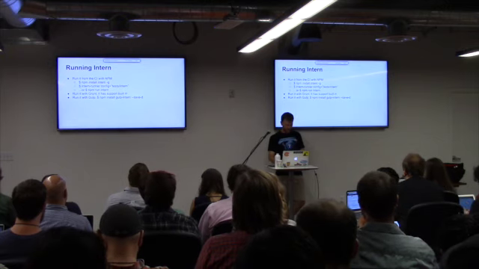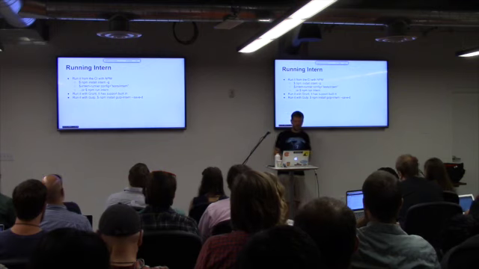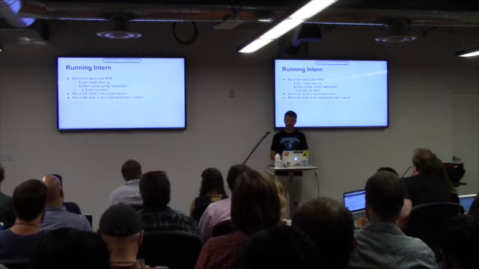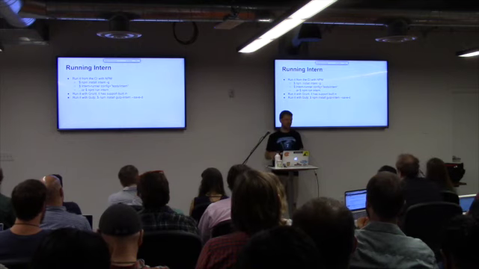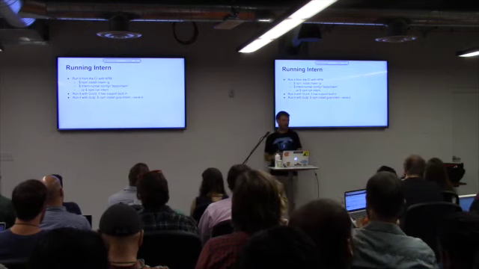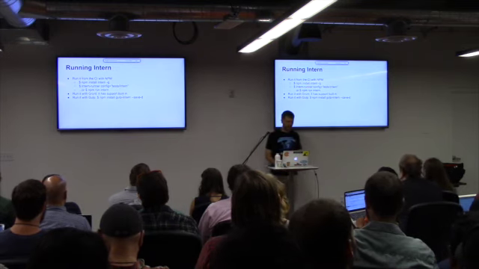So when you run Intern, you can run it from the CI with npm, setting up like an npm script. You can run it with Grunt. Grunt is built in. If you just include it into your Grunt task runner as a task, you just grunt intern and it'll run.